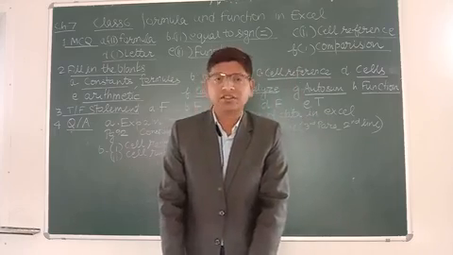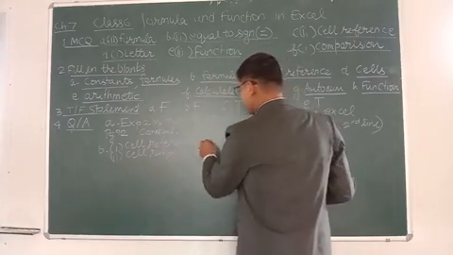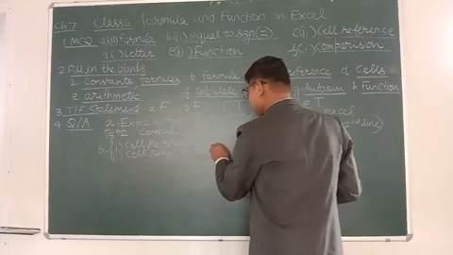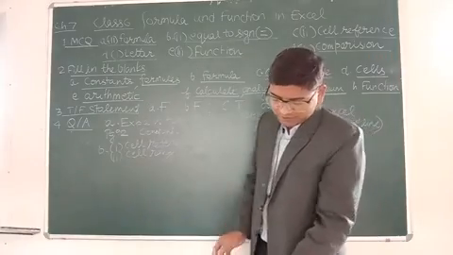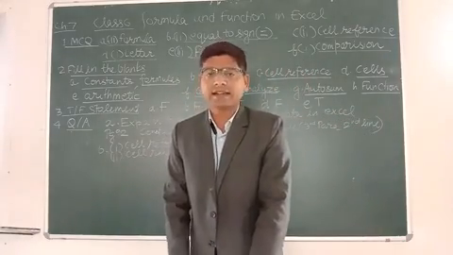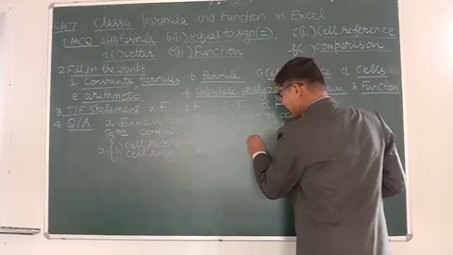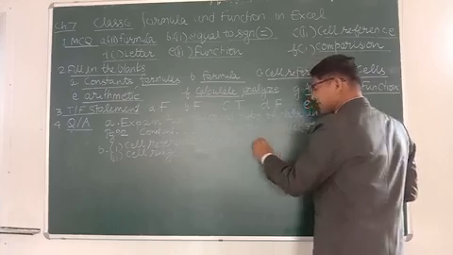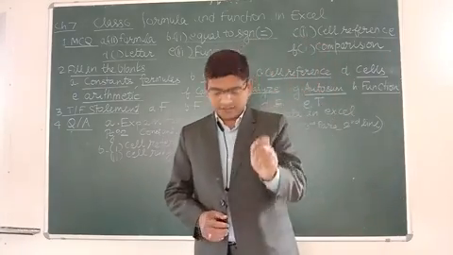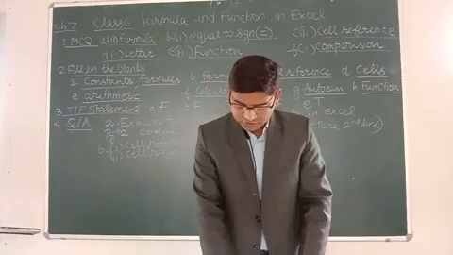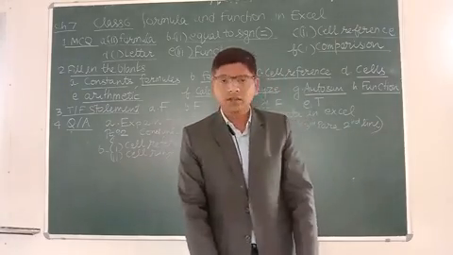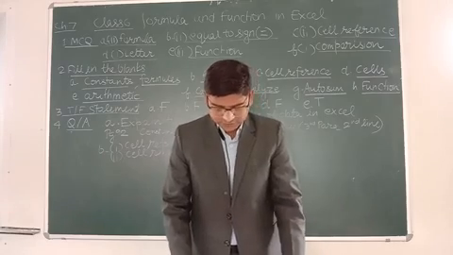Page number 93. Heading is there: cell range and cell reference. You have to write that heading. जो heading दिया हुआ है उसी heading से आपको लिखना है. Cell reference and cell range both. Clear? Let's come to the next question.